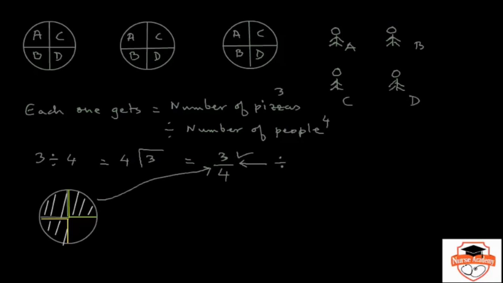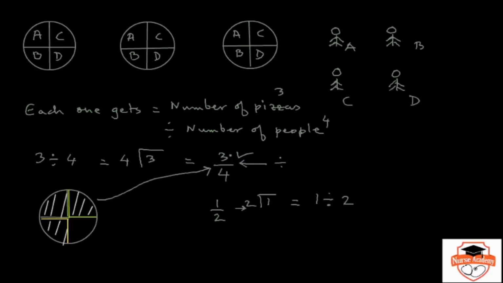So when we say 3/4, it means 3 is being divided by 4. When we say 1/2, it means 1 is being divided by 2. And this can also be written as 1 divided by 2.